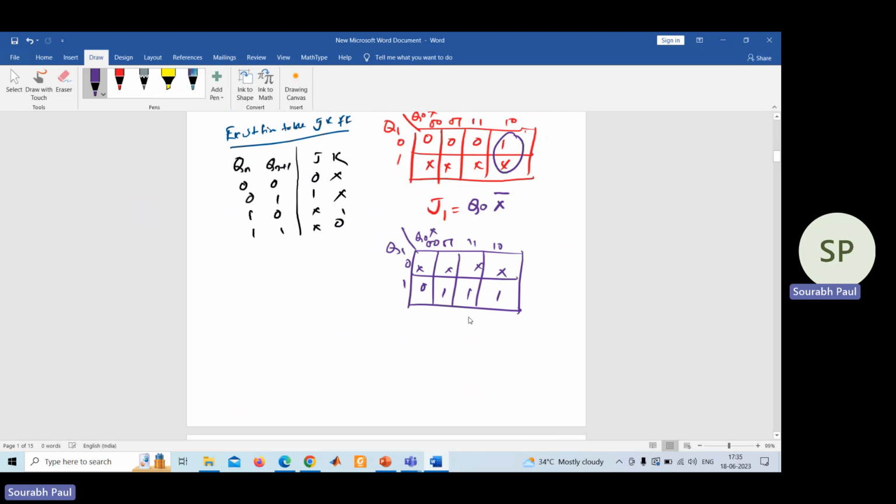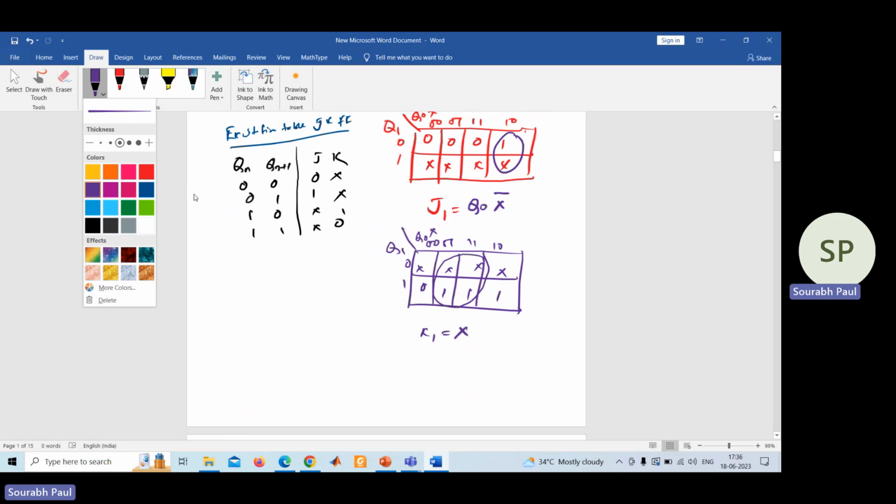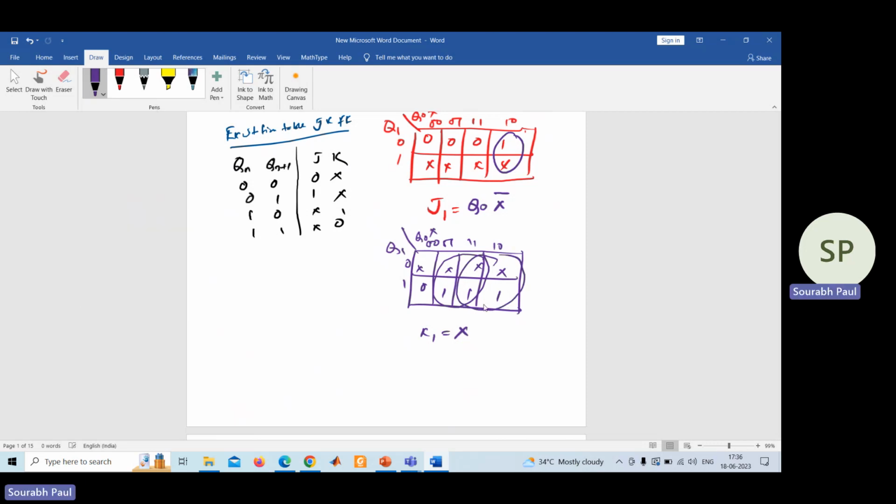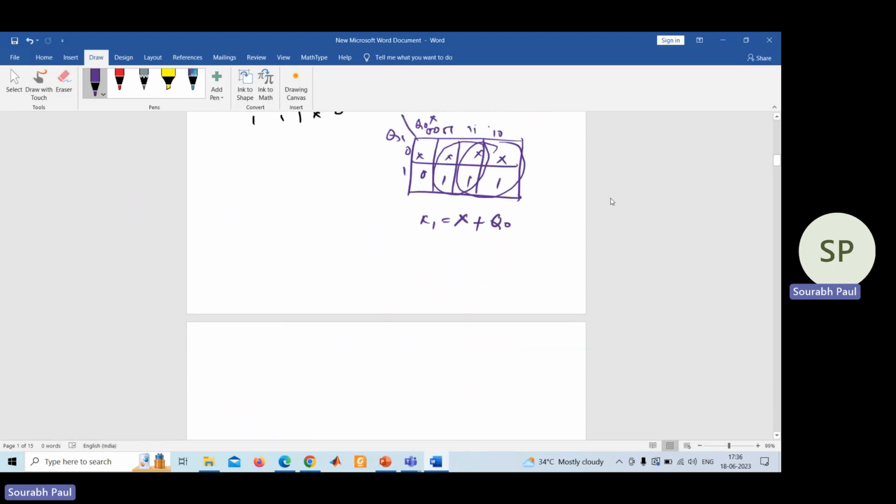Now in this case, we can make this quad. For the expression of K1, if we make this quad on the left side and from the top side, what we are getting is X. And from this quad, we are getting 1 1, which means Q0.